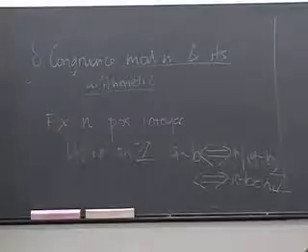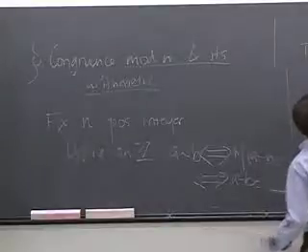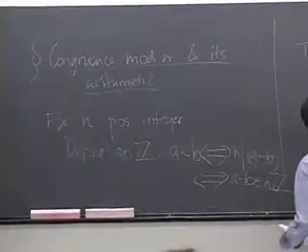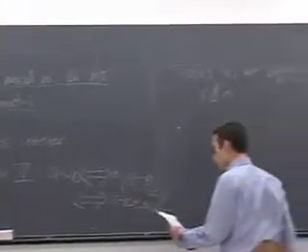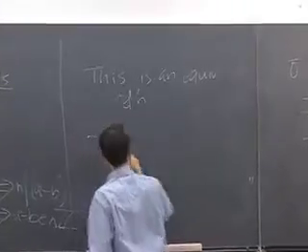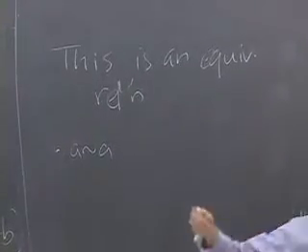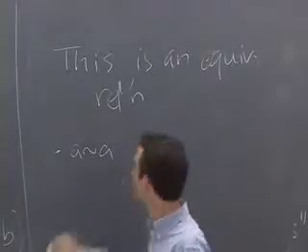So it's not hard to see that this is an equivalence relation. Why? Well, first of all, it's certainly reflexive. That just follows from the fact that a minus a is 0, which is certainly a multiple of n.